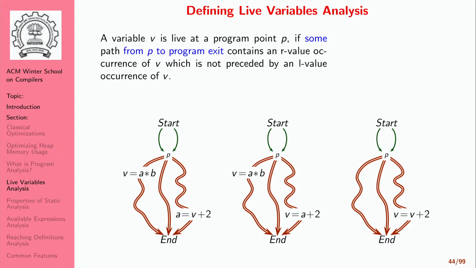First thing is, we are saying a variable is live at a program point P. We are not saying a variable is live in the program. We are saying a variable is live at a point in the program, which means that variable may be live here but may not be live here. So the liveness property of variables that we are discovering depends on the control flow point.